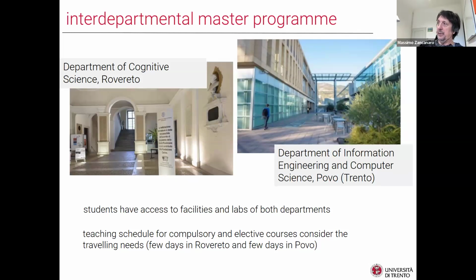Our course is offered in conjunction between two departments. As I told you, the Department of Cognitive Science and the Department of Computer Science. And they are in two different cities: one is the main city, and the other one is a smaller town. They are 15 minutes apart by train, so it's relatively easy. And starting from next year, we also have a collaboration with the Department of Economics and the Department of Sociology. So the idea is that you will be moving around the area of Trento.